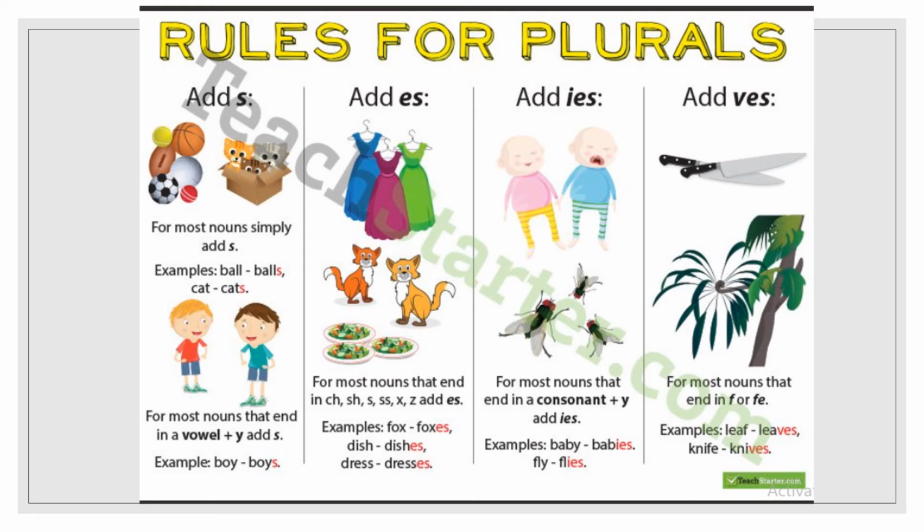That's if the noun ends with a consonant and a Y. Then we would have to delete the Y and add an IES. And now we just went over this last rule where we would have to cross out the F or an FE and add a VES like knives, leaves, lives to make it into its plural form.